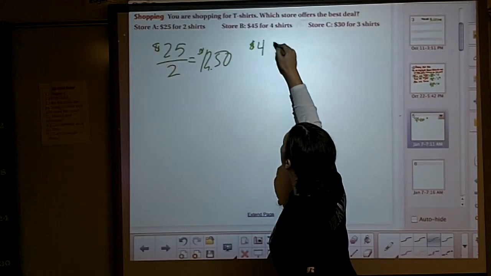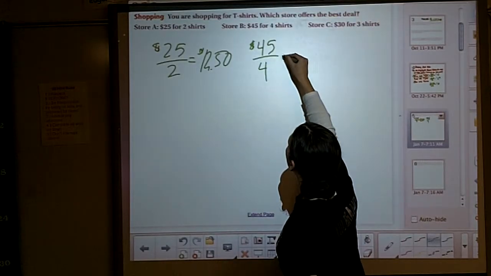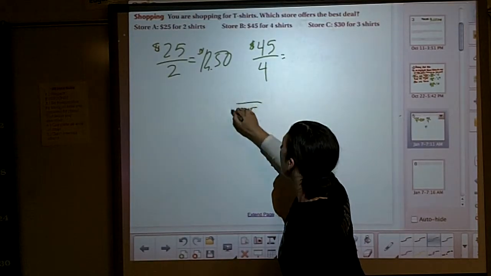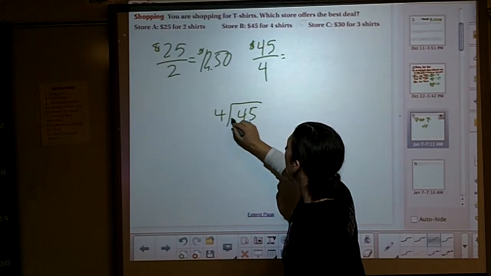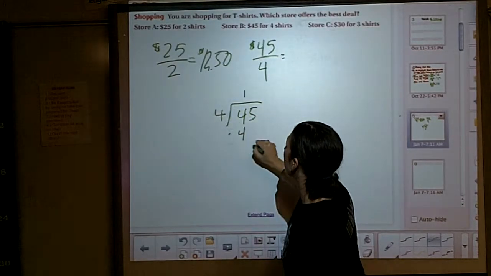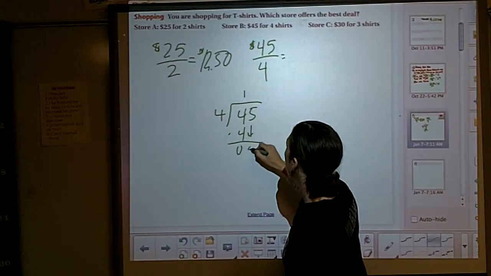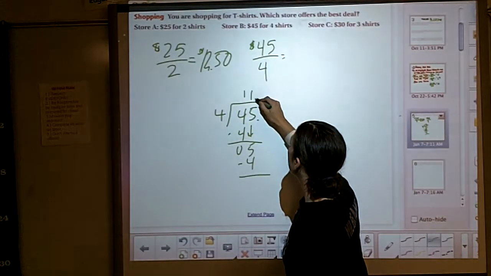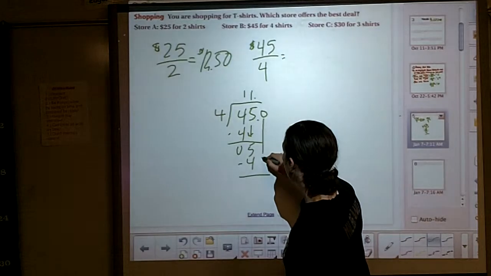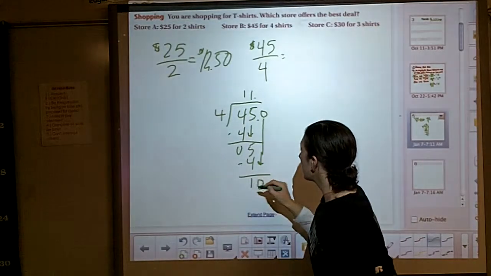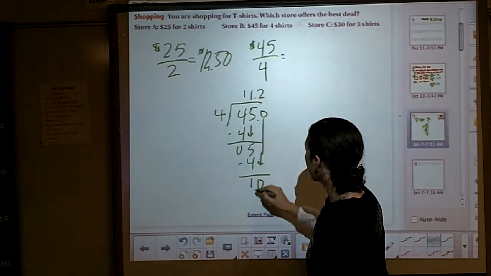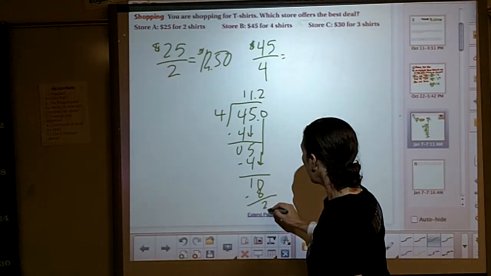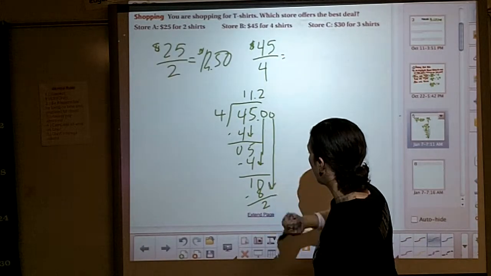Alright, this one I'll take my $45 divided by 4. Not as easy to do, but I think we can figure this one out. 4 goes into 4 one time, that's 4. Bring down my 5, 4 goes into that one time. I'd have to add a decimal and a 0, bring down a 0. 4 goes into 10 two times, that's 8. I get a 2, bring down another 0.